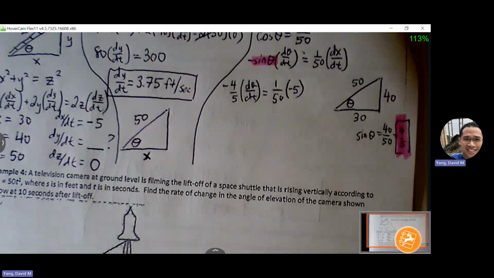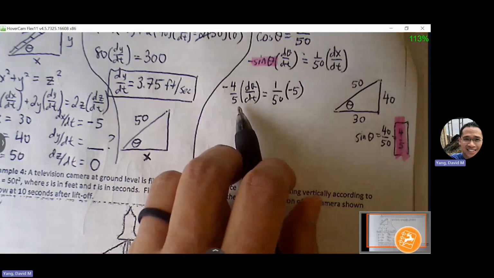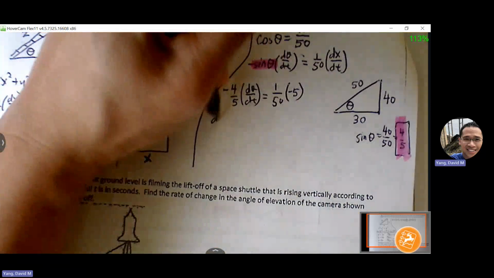Clean this up, divide by -4/5, which is the same thing as multiplying by 5/4, or -5/4.